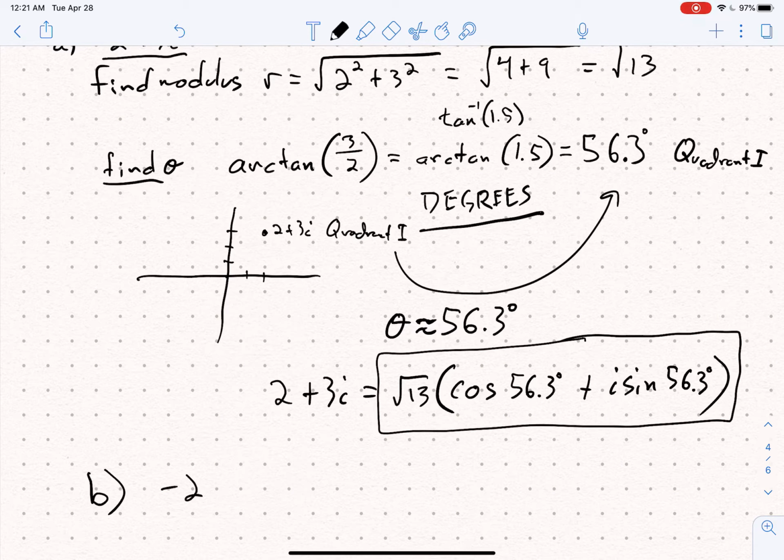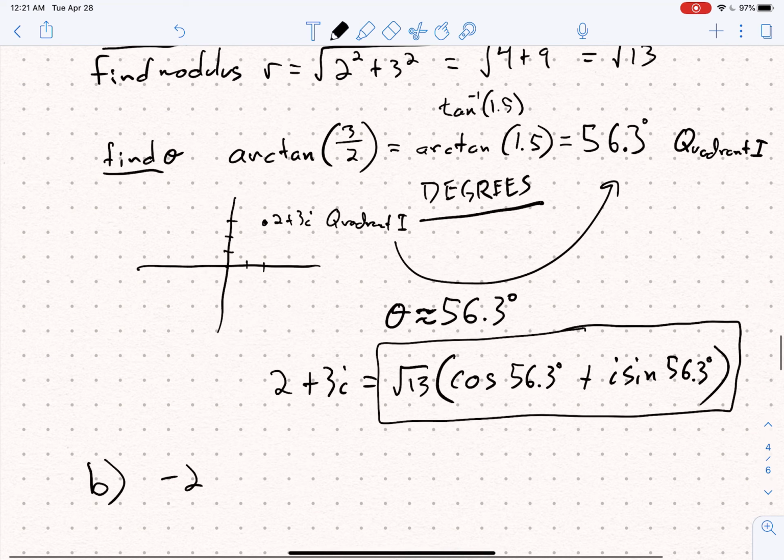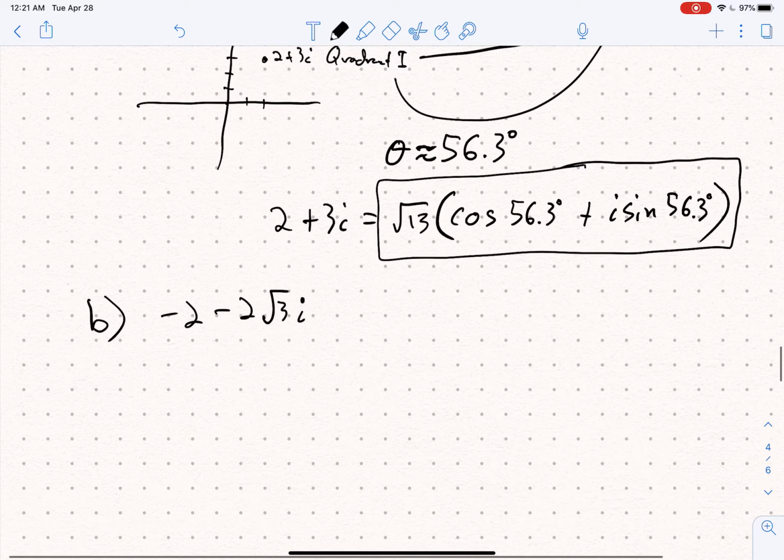This is minus 2 radical 3 i. Just to get a sense of where this thing is, if we think of it in standard form, a plus bi, the a is negative 2, that's like my x-coordinate, and b is negative 2 times radical 3. Now, what is that exactly?